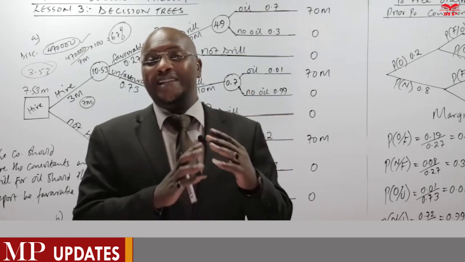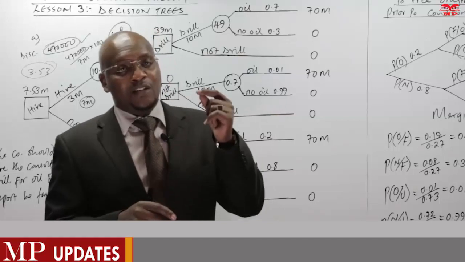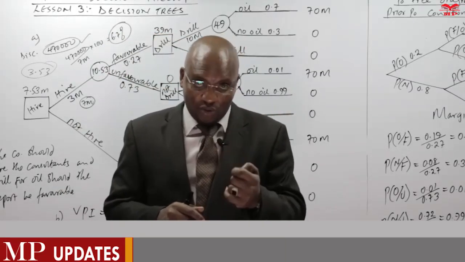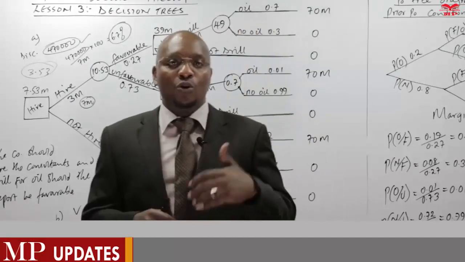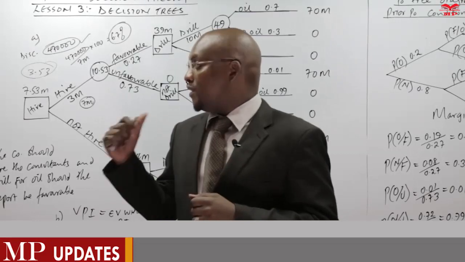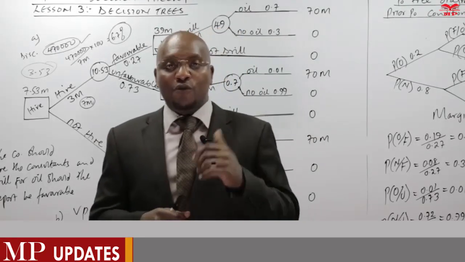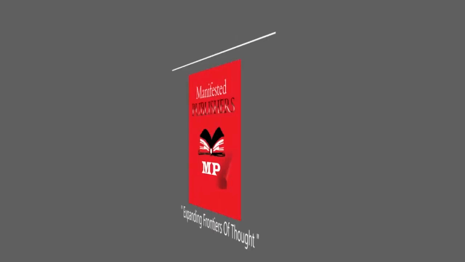We have expounded risk to the end. So we are only left with decision making and competition, which is game theory. Our next lesson, lesson 4, will feature game theory. For now, thank you, and please practice more.